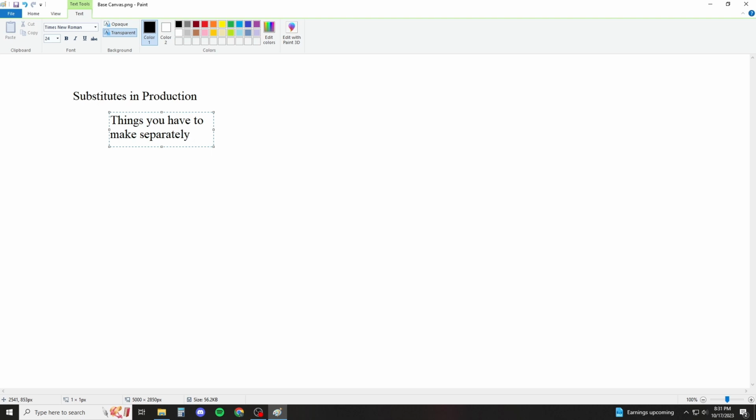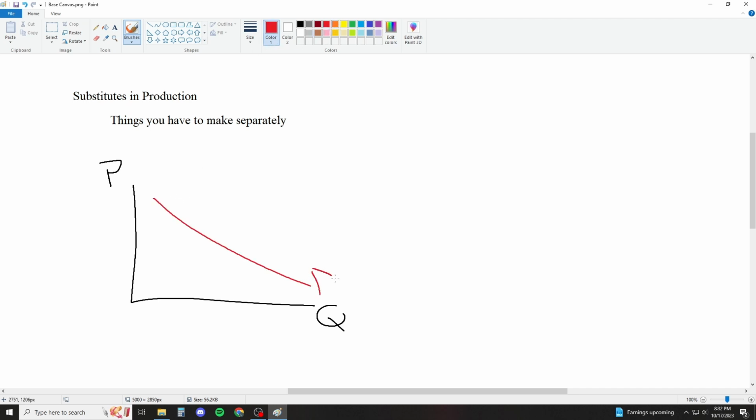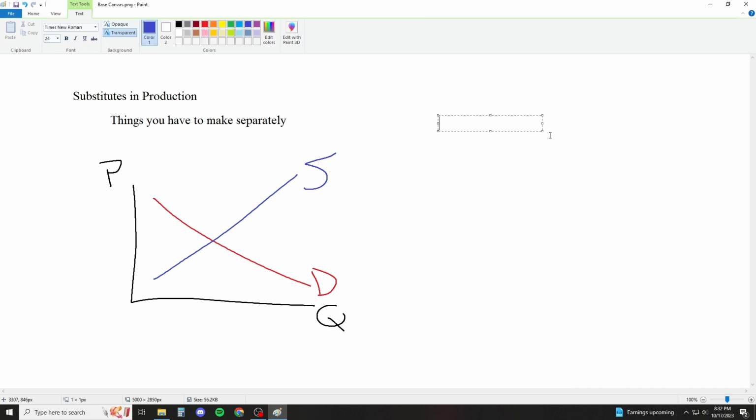I promise I'm smart. There we go. Things you have to make separately. Start with our graph. We got Q, P, D, S. All right. Well, things that you have to make separately.